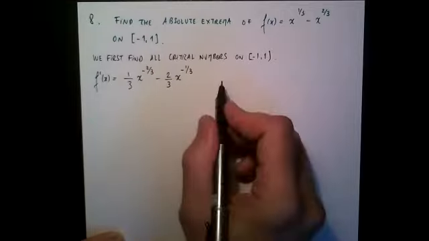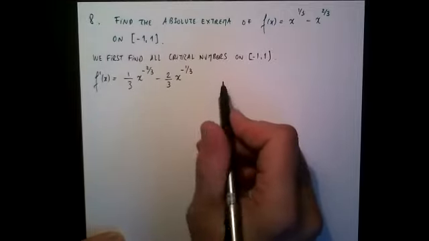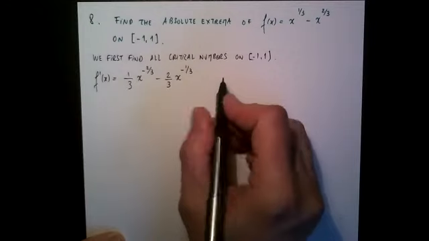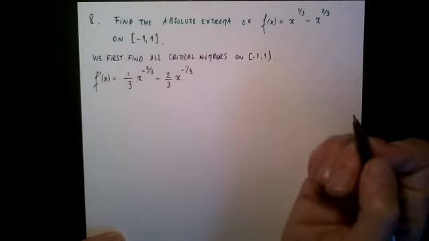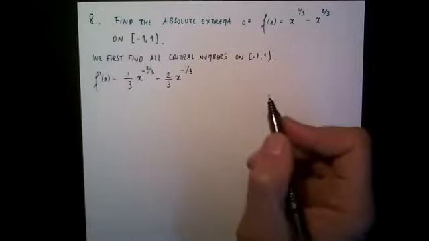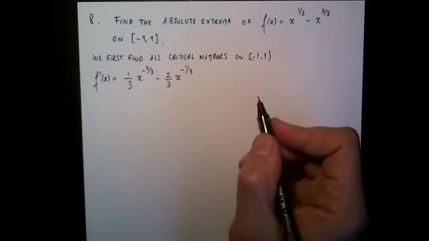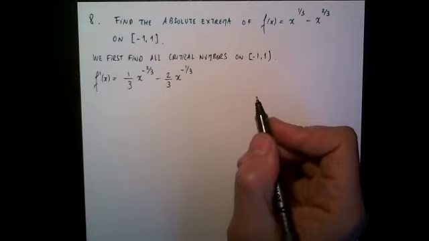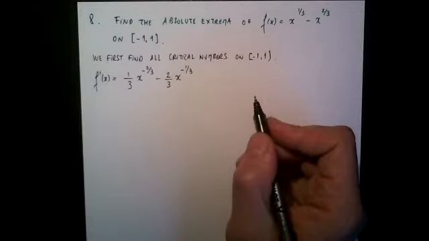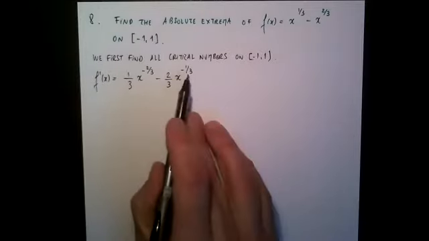Okay, I'm going to factor out... what can I factor out here? You factor out x to the -1/3 over 3, and then you get x minus 2 left. You can factor it out perfectly. Let me see if I factor out x to the -1/3.